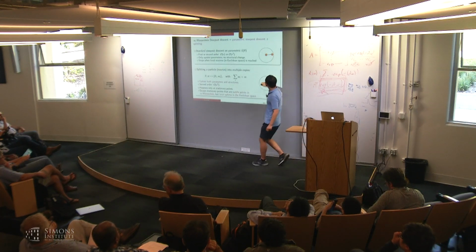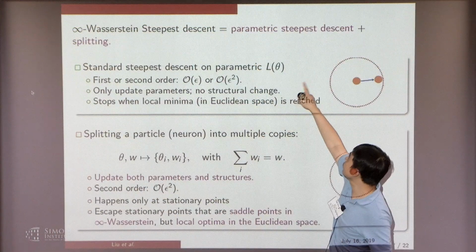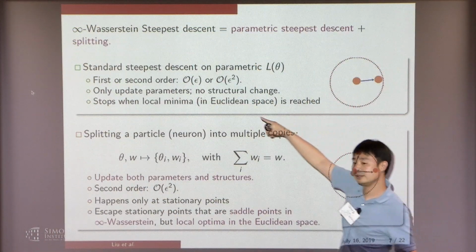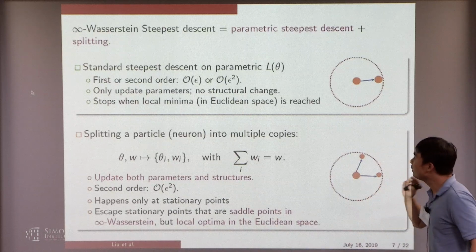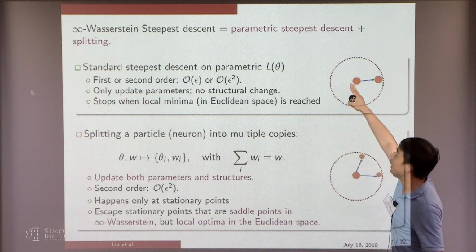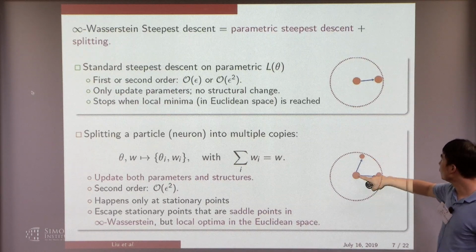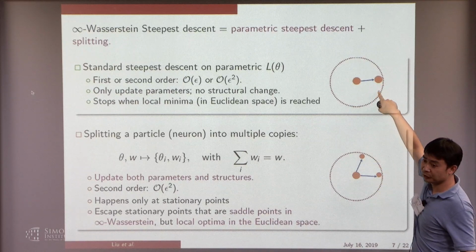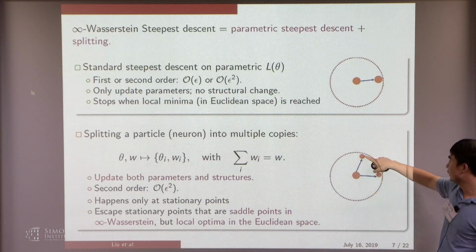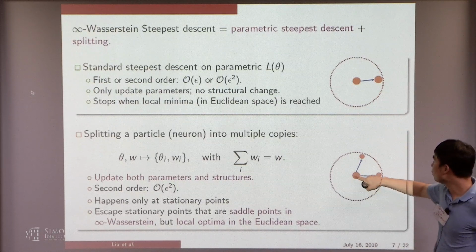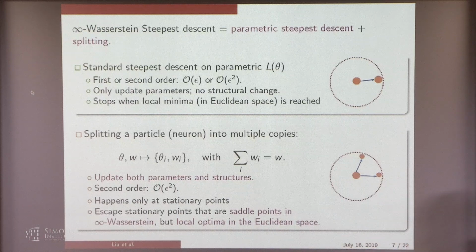Okay. So it includes two parts. One is the steepest descent. Another is splitting. So splitting means that in addition to just moving the particles, we can also split the particles. Because this is not allowed in the original Euclidean space, but it is allowed in the functional space, because now we are viewing these neurons as particles, right?